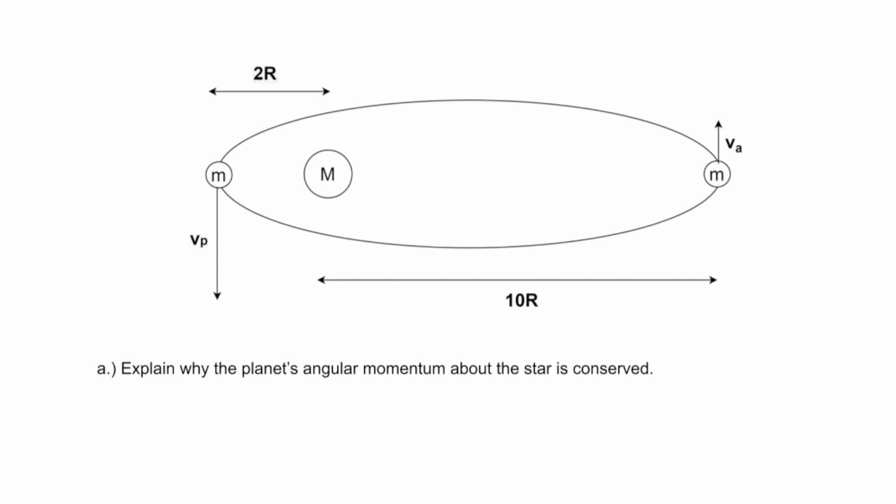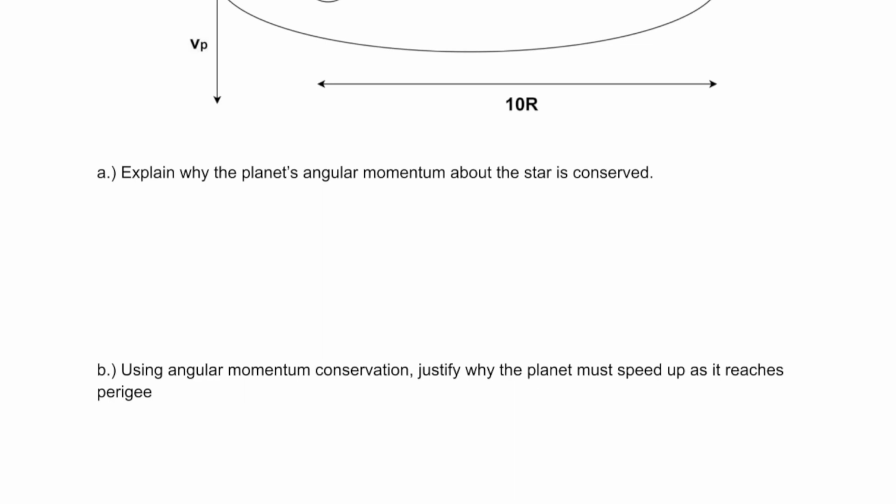Well, as we looked at before in our proof of the second law, we have a planet being attracted to a star, but due to the law of universal gravitation, the line of action of the force is exactly along the line connecting the two particles.